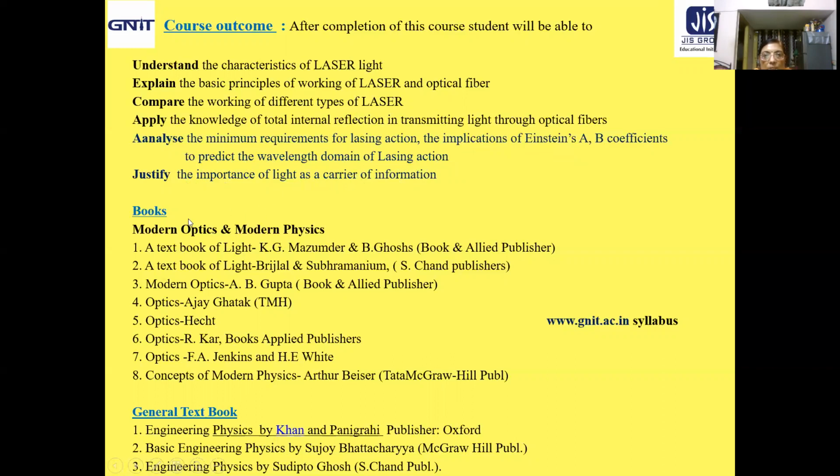Now, coming to the helping books. The books on modern optics and modern physics: A Textbook of Light by K.G. Majumdar and V. Ghosh, A Textbook of Light by Brijlal Subramaniam, Textbook on Modern Optics by A.B. Gupta, Optics by Ajoy Ghatak, Optics by Hecht, Optics by R.K. Kar, Optics by Jenkins and White, and Concepts of Modern Physics by Arthur Beiser. A very, very important one.